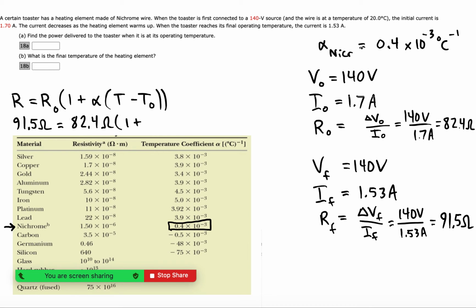Plug in our coefficient that we found from the table. Then we'll leave our final temperature as a variable and plug in our initial temperature of 20 degrees.